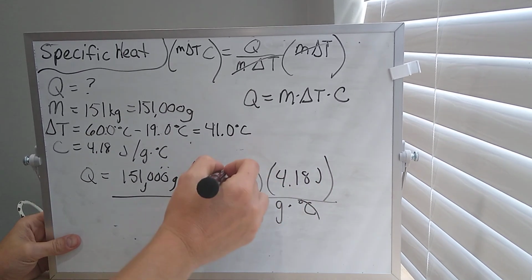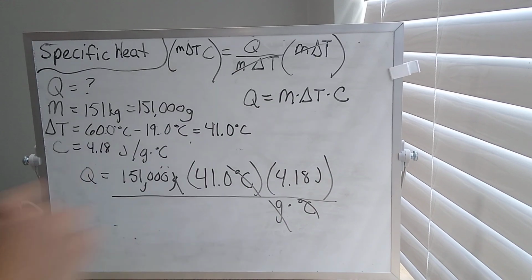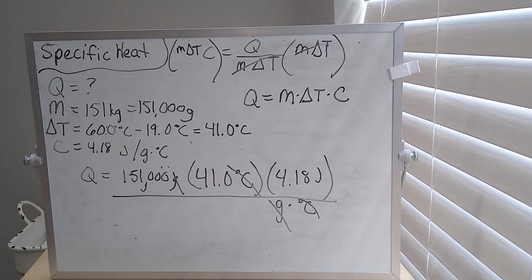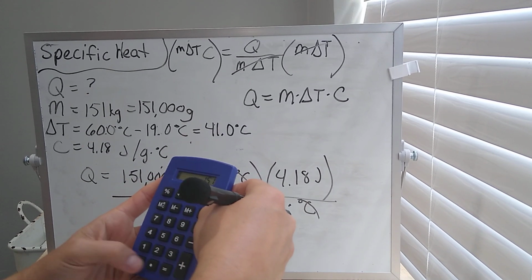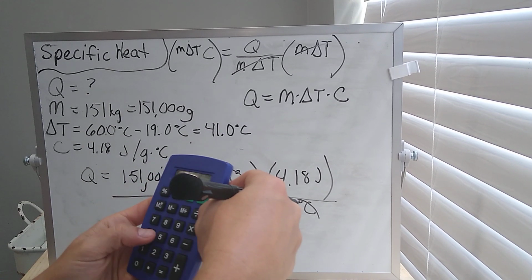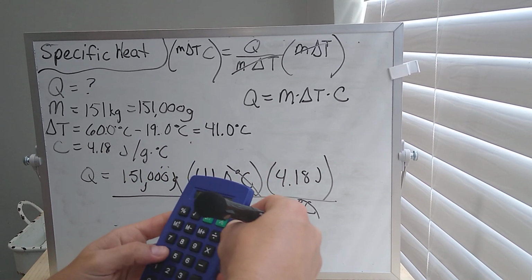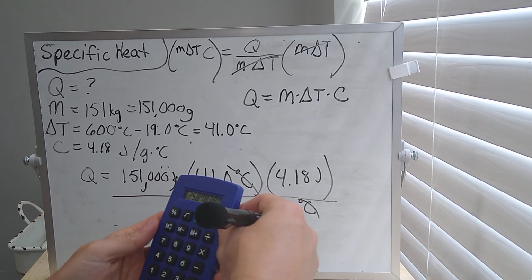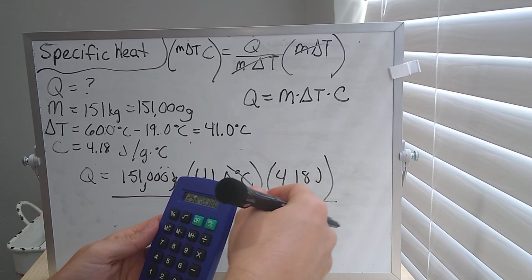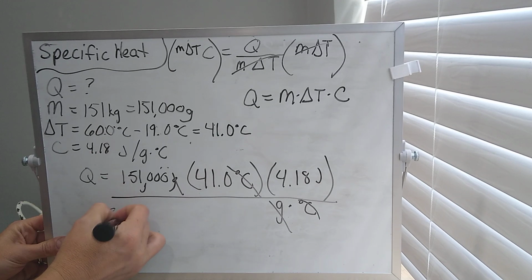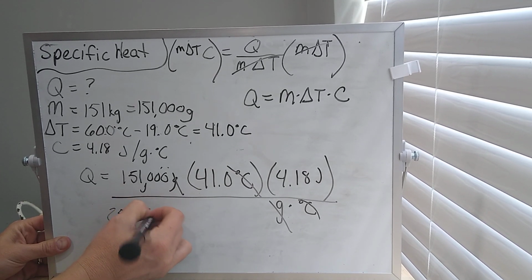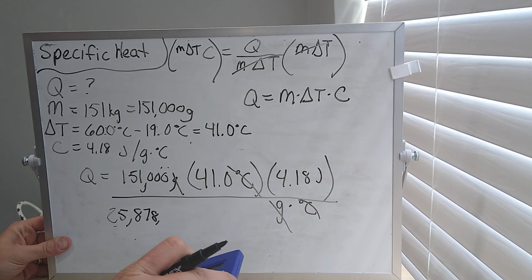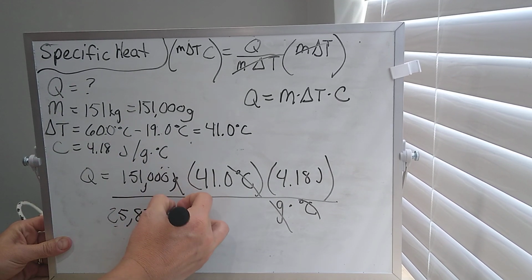So my degrees cancel out, my grams cancel out, and once you do the math, 151,000 times 41 times 4.18 equals, it is a large number, 25,878,380.